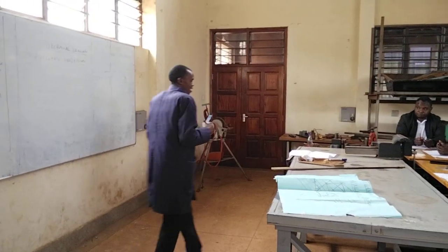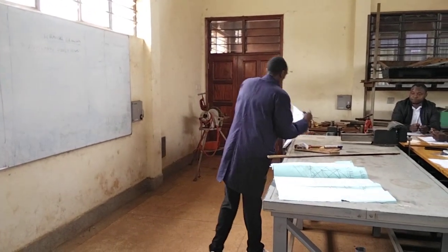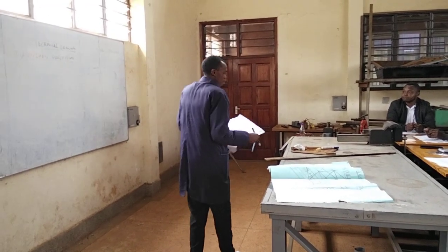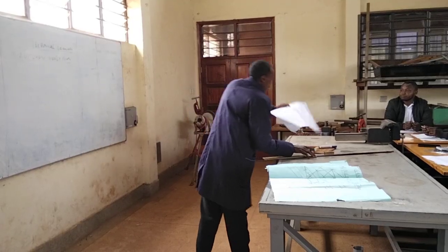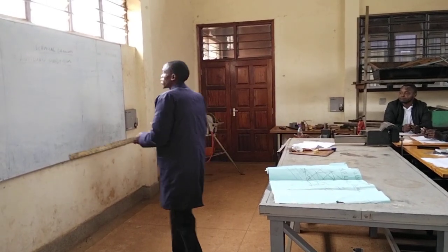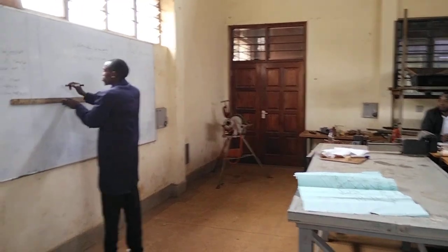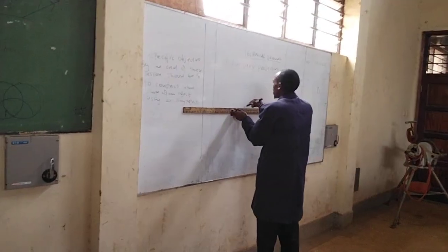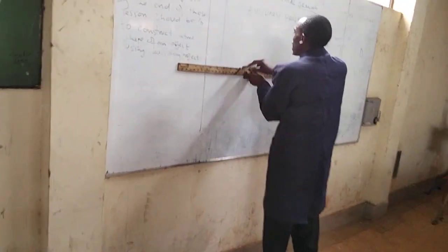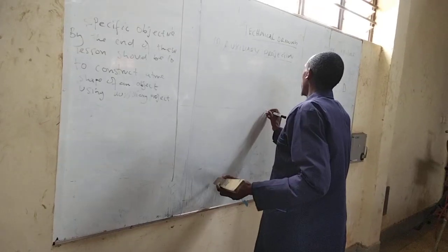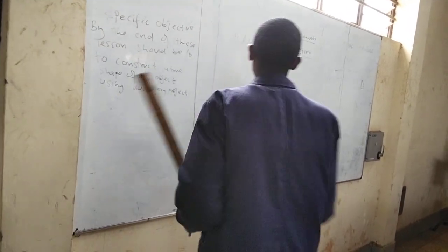You follow the procedures because finally you draw a figure. So you start by drawing the reference line. Let's call it x1.